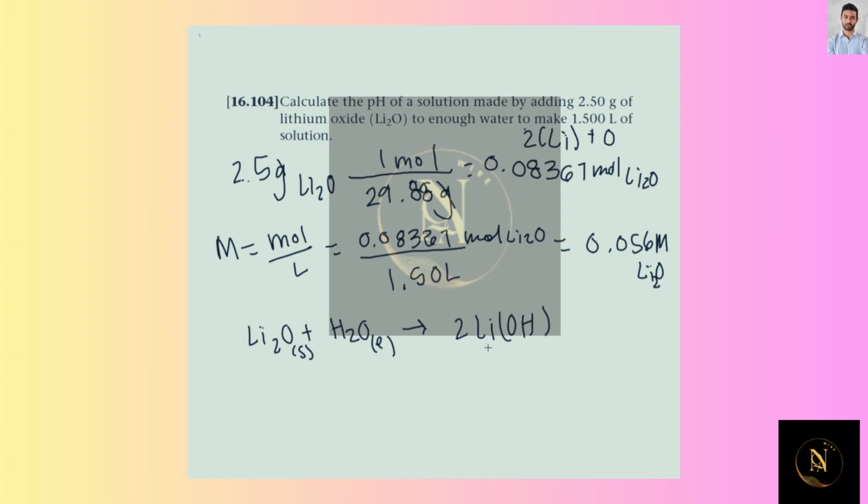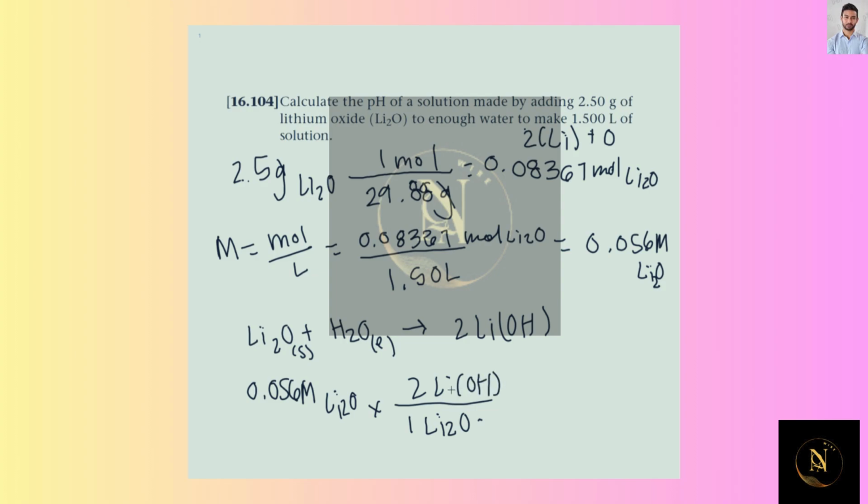Now that we have this balanced equation, we're going to figure out how much of the solution we actually have. We can just use stoichiometry. We have an original concentration of 0.056 molar of Li2O, so it's 1 Li2O to 2 LiOH.